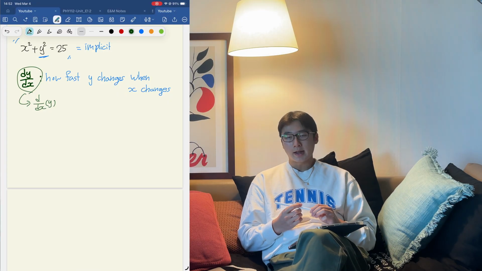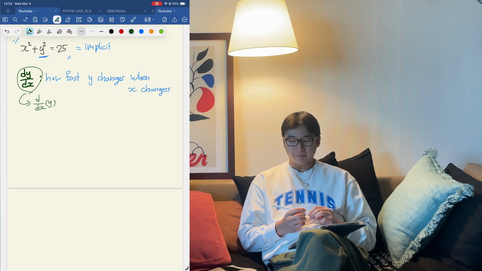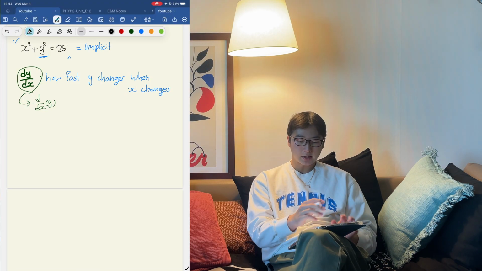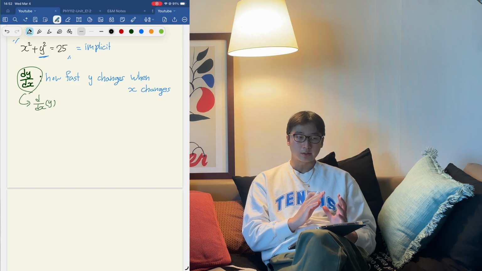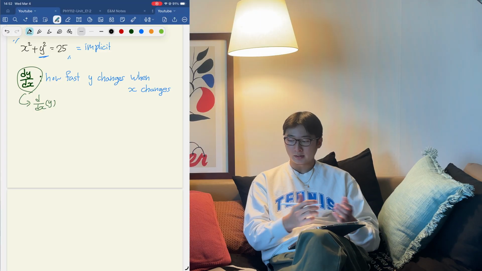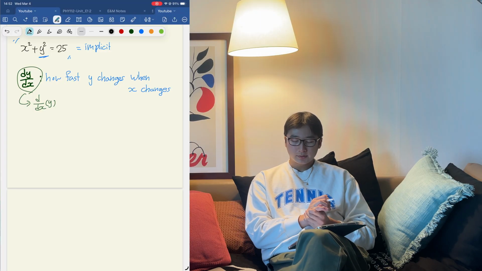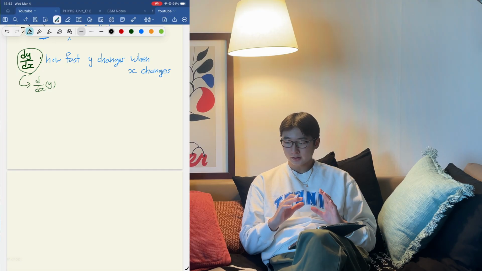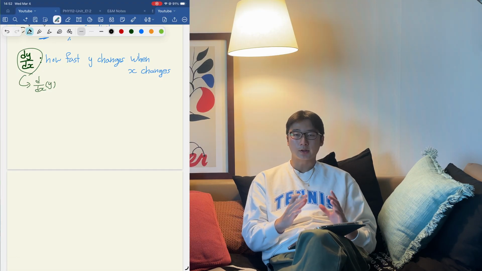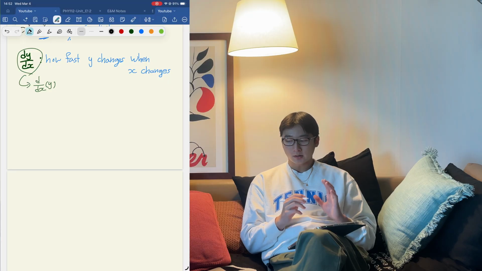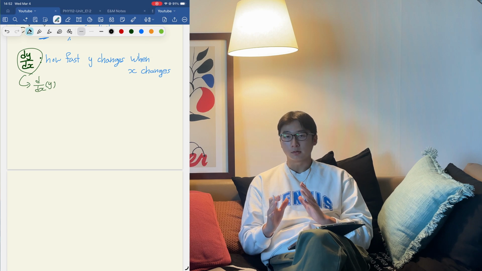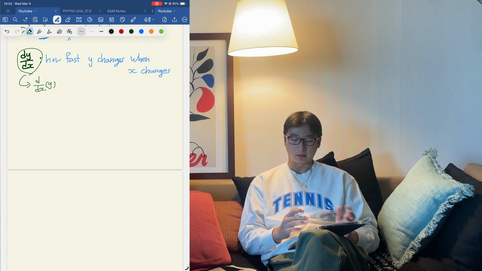Another question that we can ask is, what does implicit differentiation actually mean? Even if the equation doesn't say y equals f of x, we still treat y as a function of x. So when we differentiate, remember that y depends on x, and remember we apply the chain rule whenever we differentiate a y term.